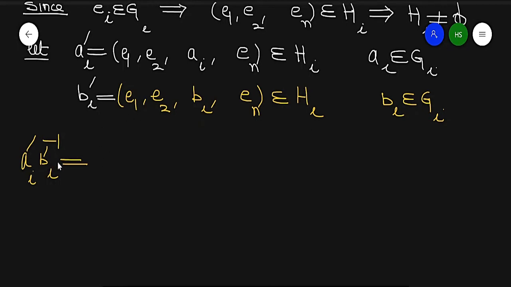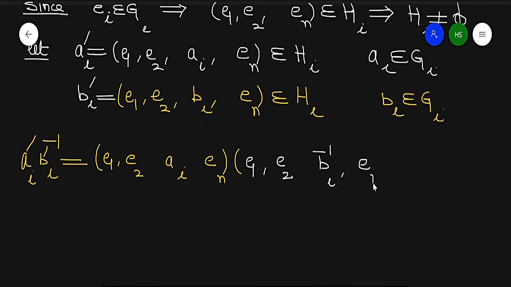Now Ai' times Bi' inverse. So this is Ai: here it is E1, E2, the ith element Ai, and the last element En. What is its inverse? The identity inverse will be E1, E2 inverse will be E2, but the ith inverse will become Bi inverse, and the next En term inverse is En.